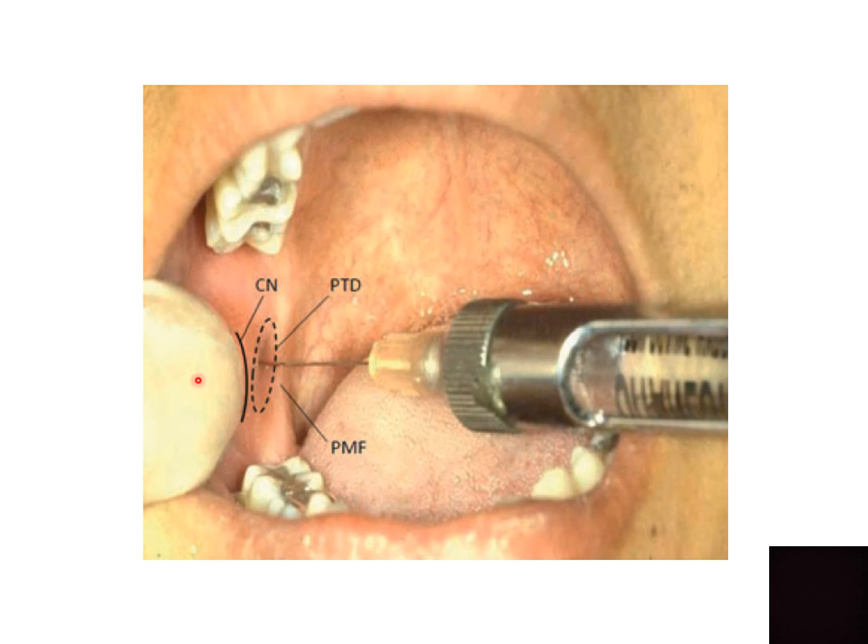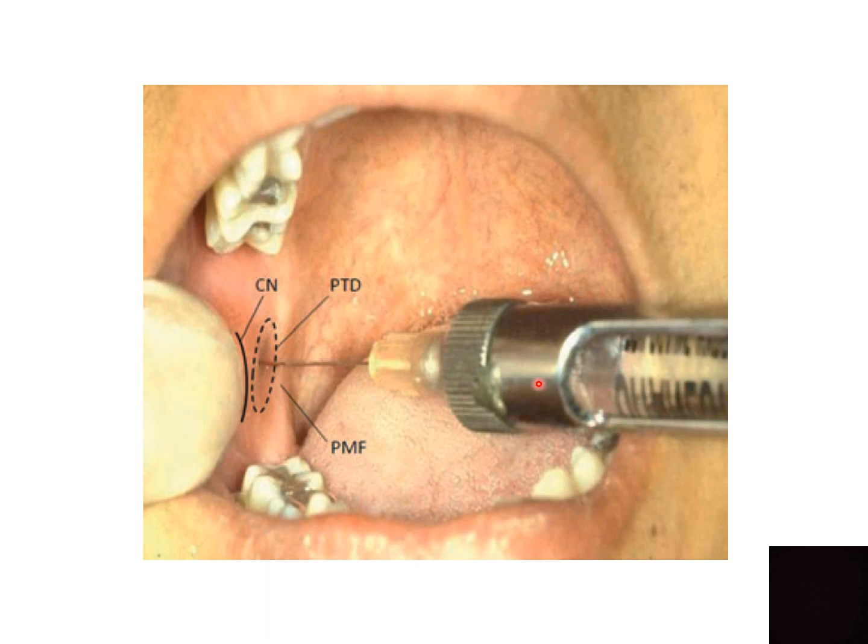So the first thing would be to palpate the coronoid notch, the deepest concavity on the external oblique ridge, by placing the thumb of your non-dominant hand on the coronoid notch, and then you will approach the injection site from the contralateral premolars with the patient's mouth wide open.